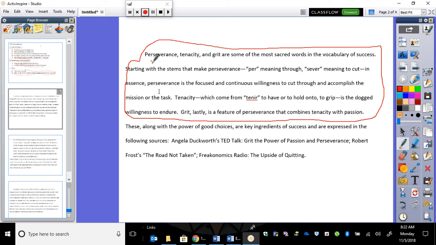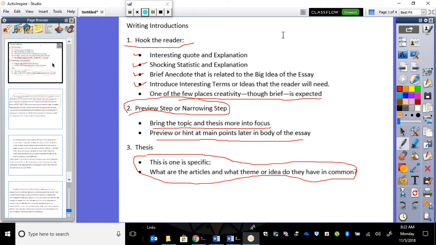So I started off with perseverance, tenacity, and grit are some of the most sacred words in the vocabulary of success. For mine, I had done option basically number 4 here, which was to introduce interesting terms or ideas. This also counts as number 1 as well.